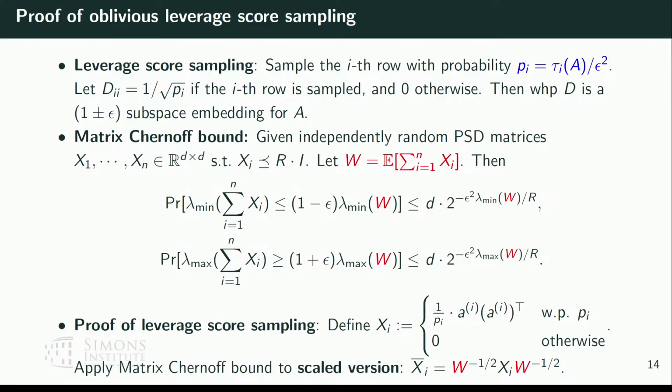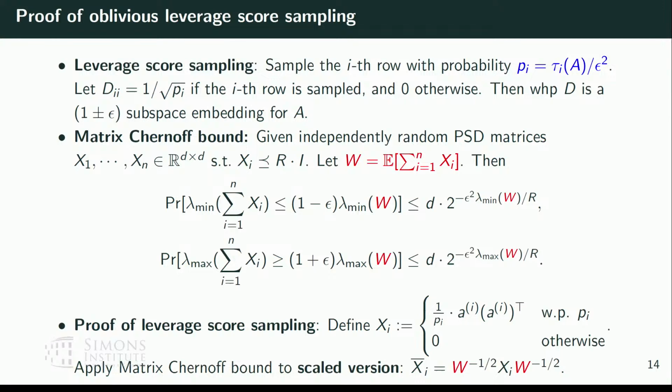After the scaling, the expectation of the scaled version would just be identity. So if you have a bound on the least eigenvalue and a bound on the largest eigenvalue, this gives us a bound on all the eigenvalues because this is just identity. And this proves the spectral approximation of the matrix, which gives us the approximation property that we needed.